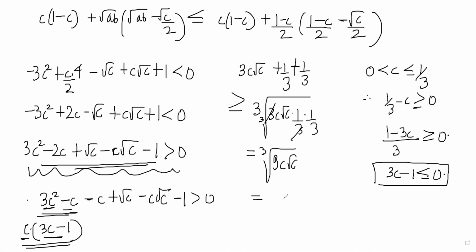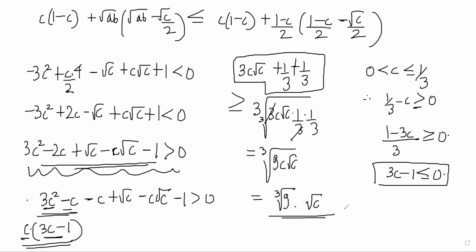So this becomes cube root of 9 and c power 3 by 2, so root c. So I'm getting this quantity: 3 times c root c plus 2 by 3 is greater than equal to cube root of 9 into root c, right?